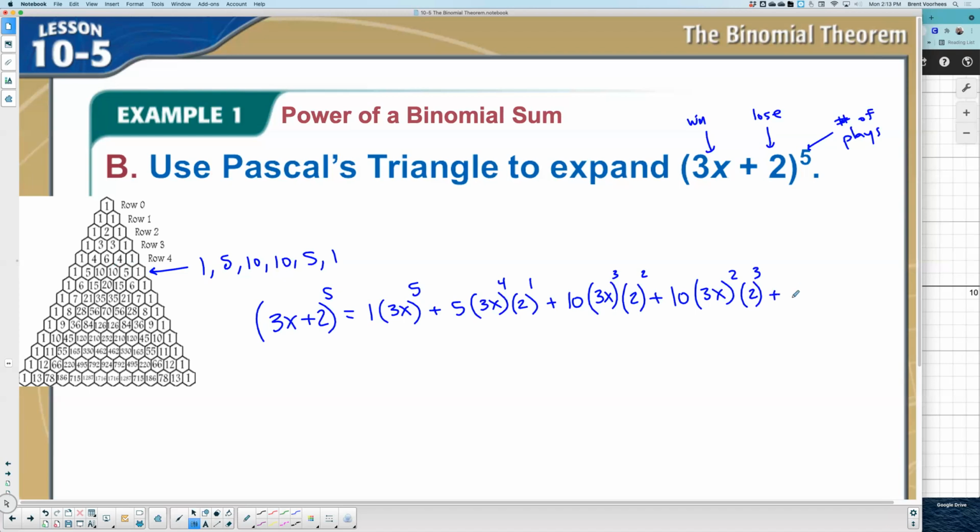There will be 5 people who win how many times? Once. And lose how many times? 4 times. Finally, there will be 1 person who loses all 5 times, does not win at all.